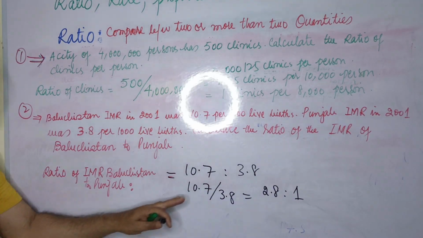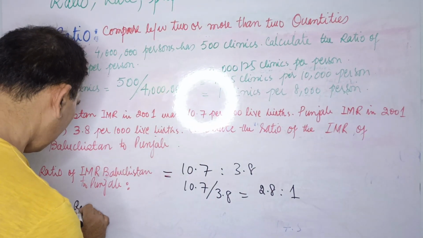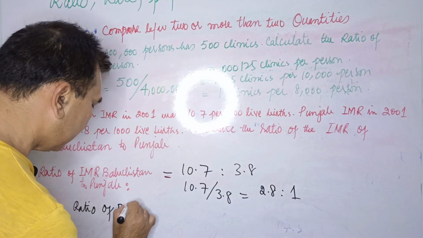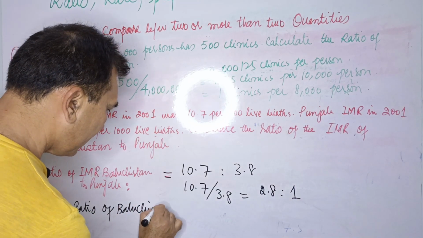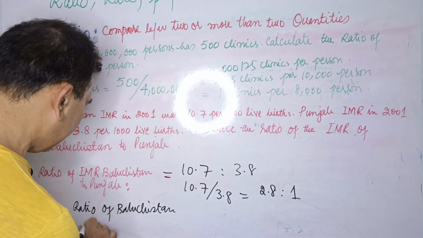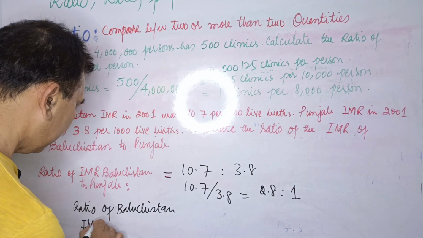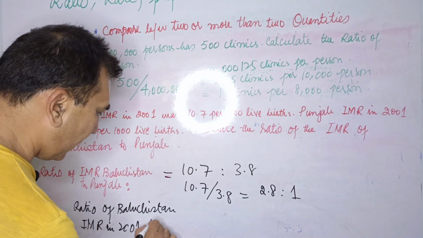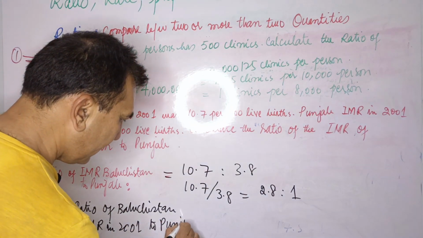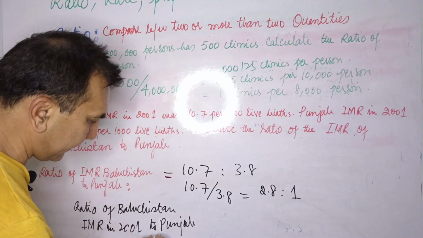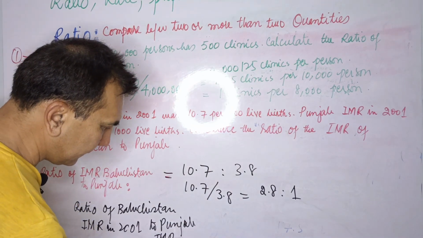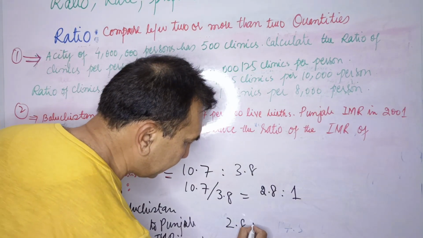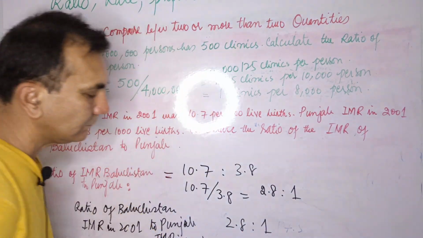It means the ratio of the Balochistan infant mortality rate in 2001 to the Punjab infant mortality rate in 2001 is 2.8 to 1.